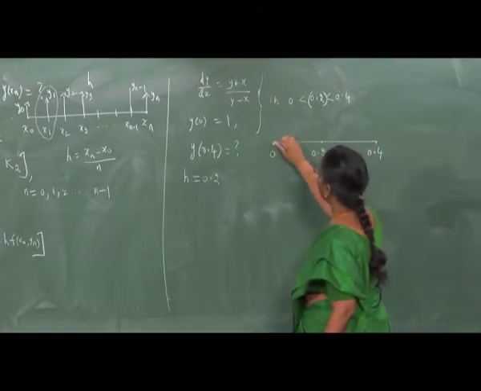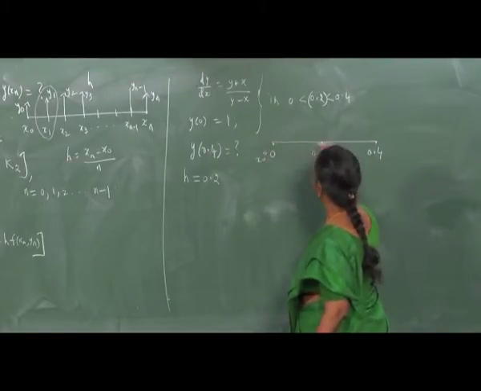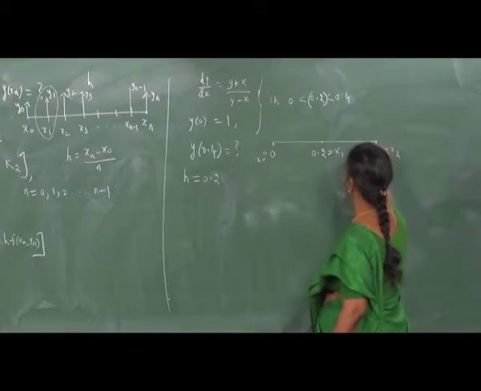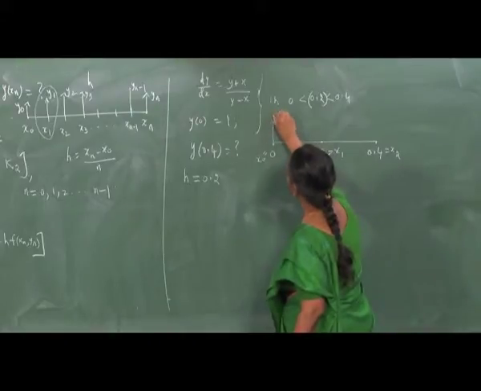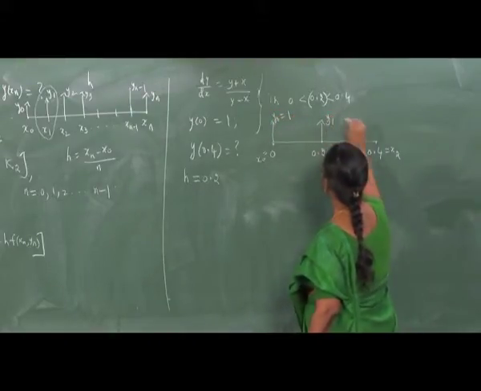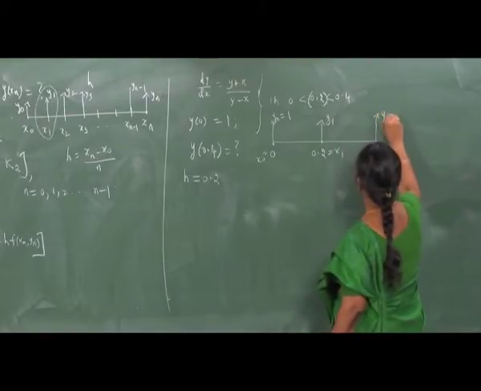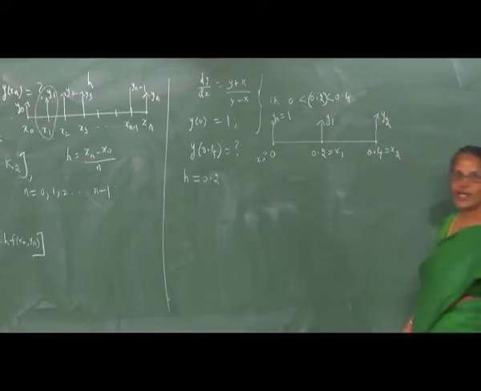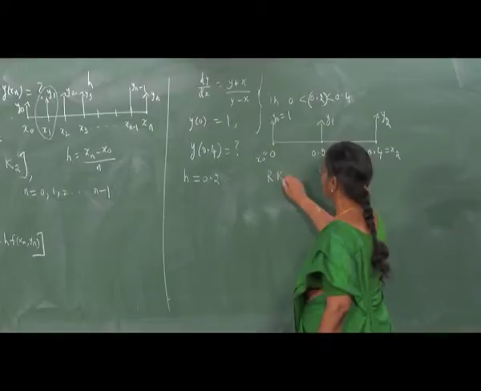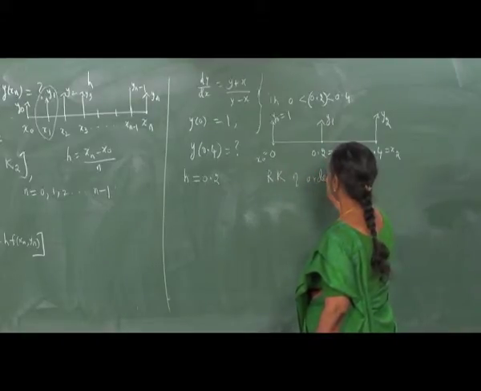So, your x naught is 0, your x1 is 0.2 and your x2 is 0.4. You have the information here and you are asked to get the information at x1 and x2, namely y1 and y2. And you are asked to solve this problem by Runge-Kutta method of order 2.